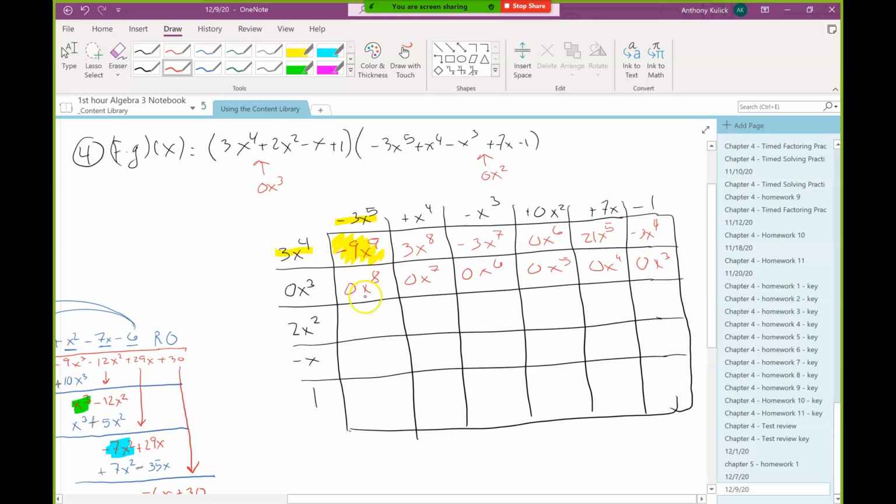You just get a bunch of zeros there. Yes, negative and negative is positive.